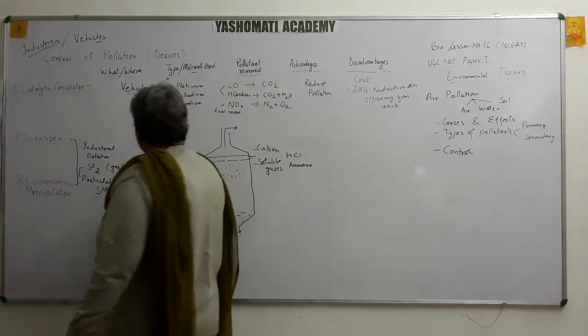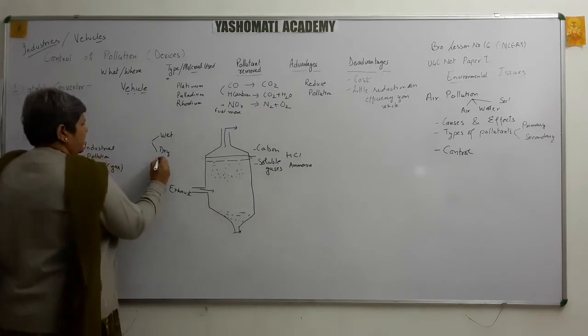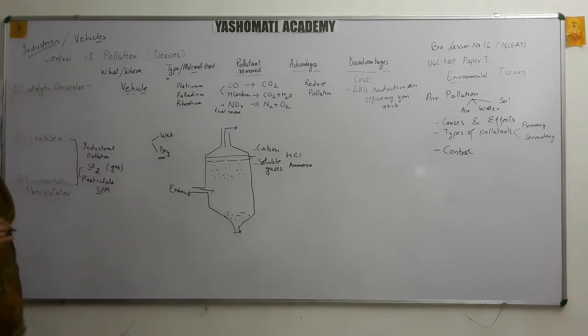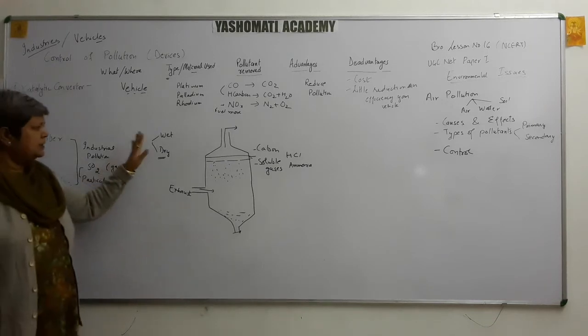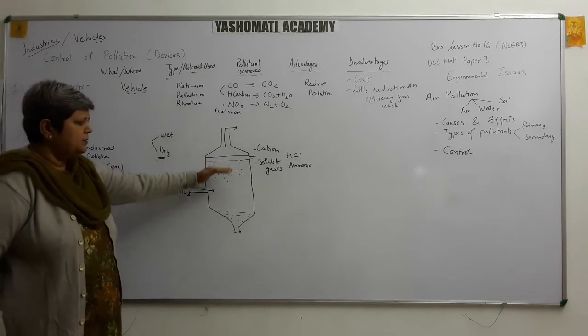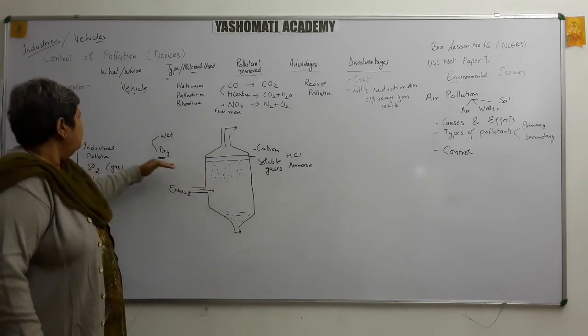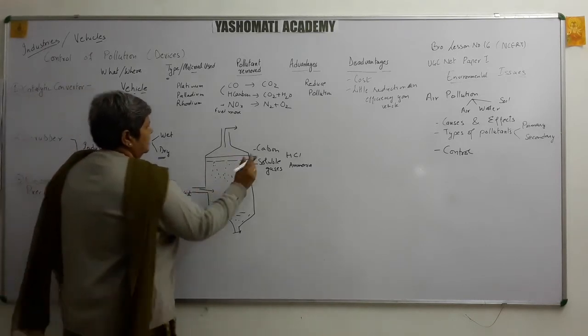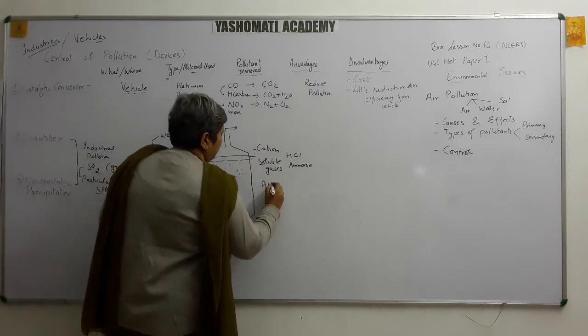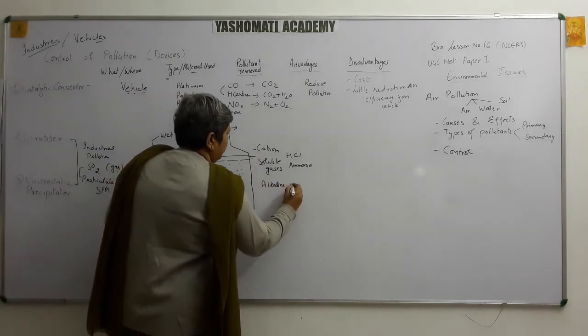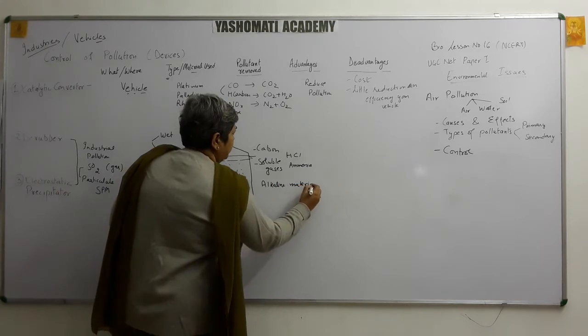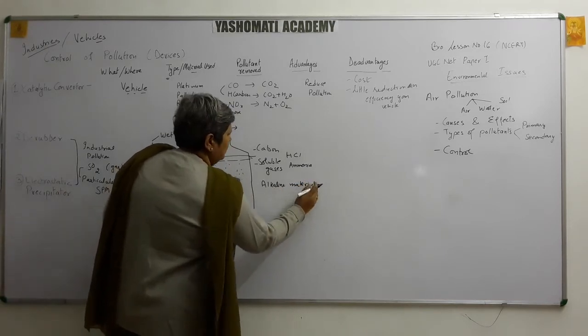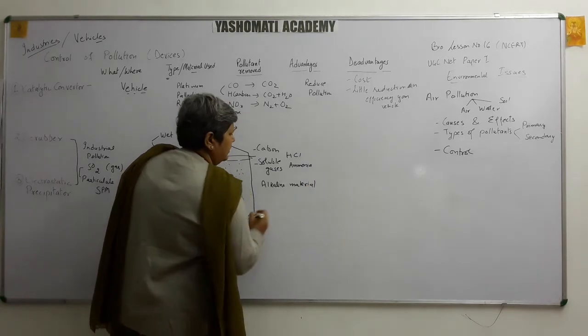Now, another thing is that in this case we can have a dry scrubber also. So, what is the use of a dry scrubber and how is it used? In a wet scrubber, I have told you that a mist of water is sprayed, whereas in a dry scrubber we can use alkaline material.